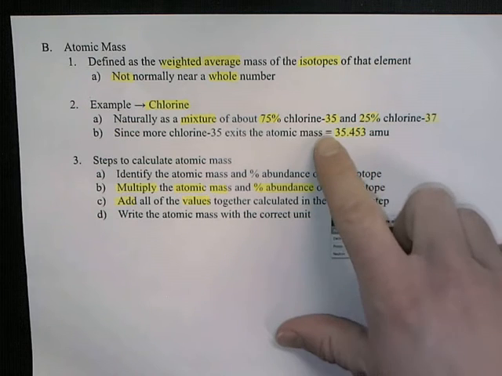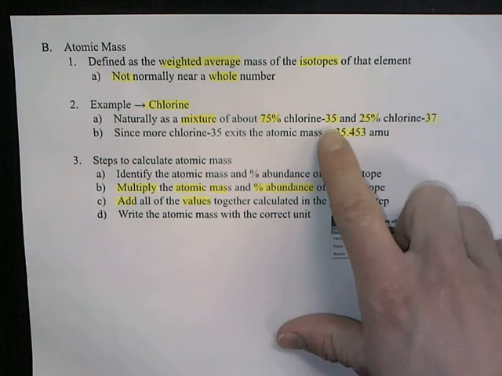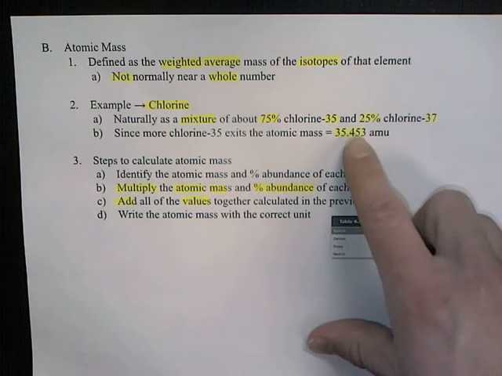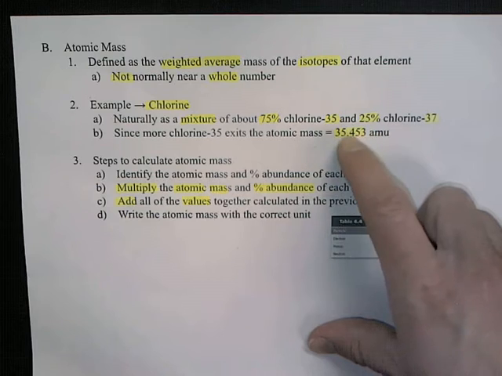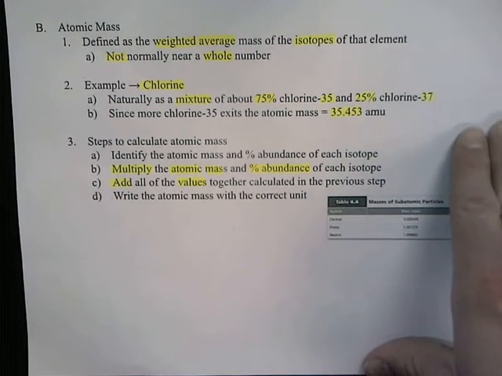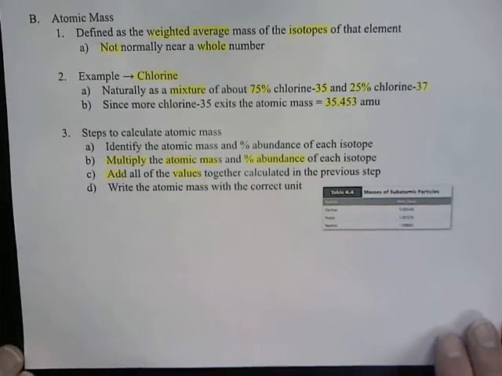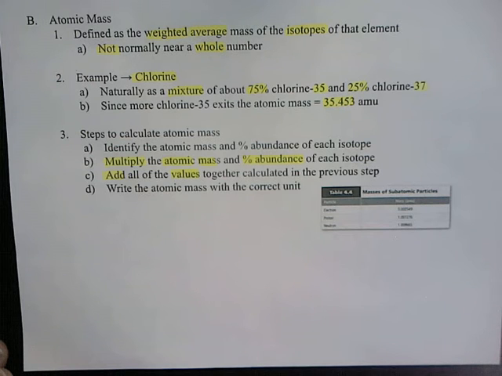So what happens is they take the relative abundance of the two isotopes and average it in a unique way, which we'll learn here, and they get that number that is seen on the periodic table, okay? So what we have to do here is this. To find out what the average atomic mass is, we need to first find out the two isotopes, and we need to figure out both the very specific mass of that isotope and the percent abundance.